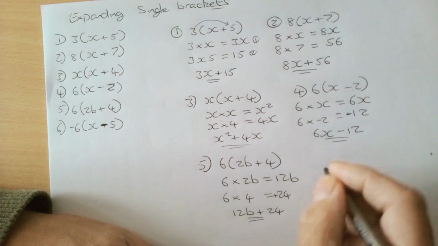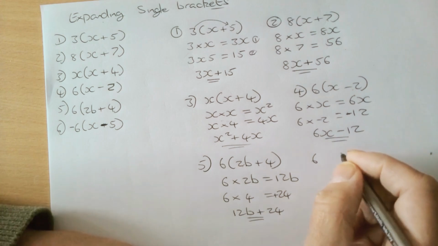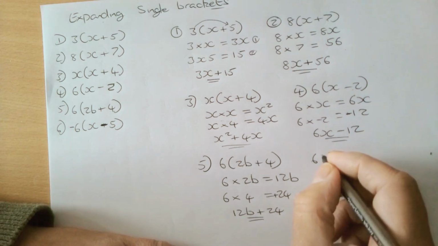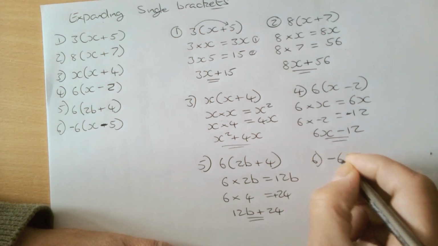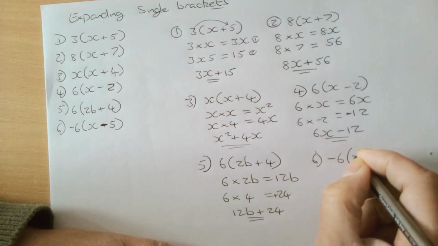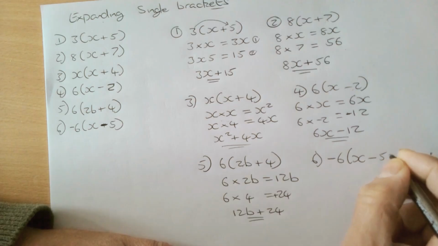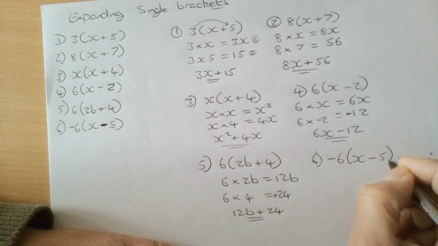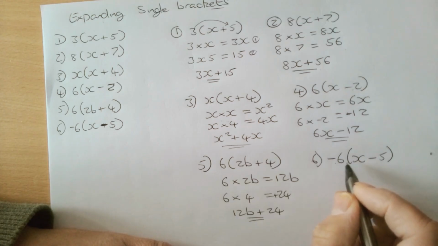Number 6. This one is the one where most people will make mistakes. So minus 6(x minus 5). So minus 6x, this is your first step here.